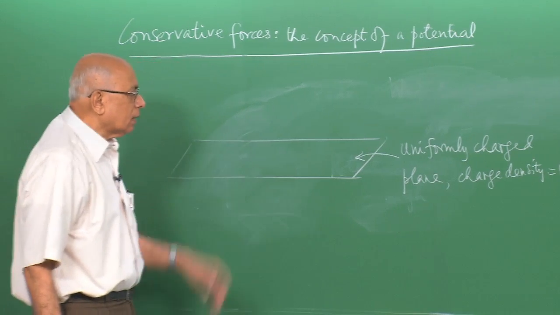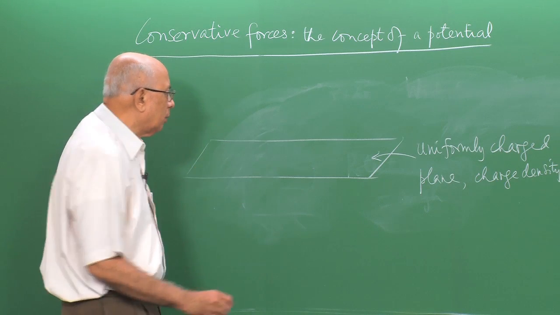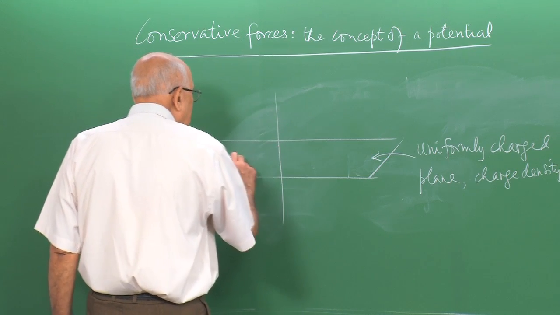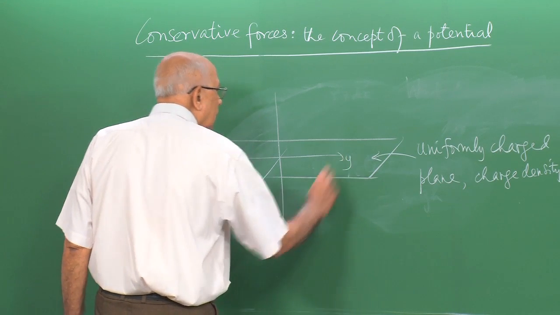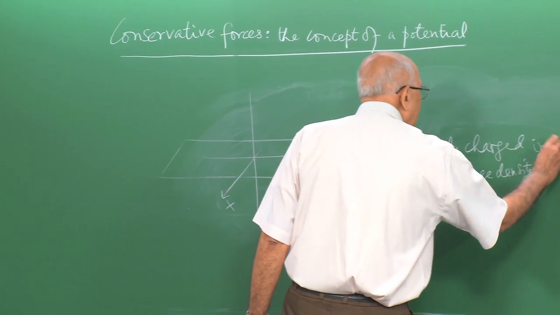So sigma is the amount of charge per unit area of this infinite xy plane. And then at a height, so let us draw some coordinate system. So that is the xy plane, that's x, that's y, infinite plane.